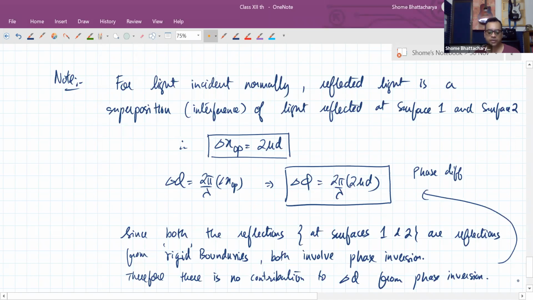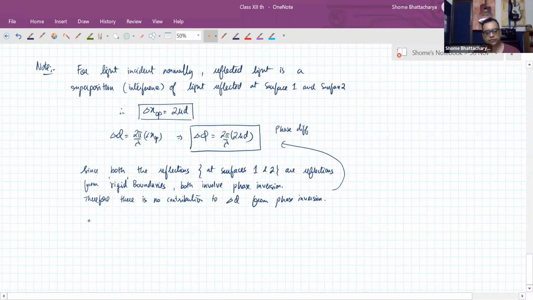Okay. So for example, let us look at question 35, okay, which is one of the questions you have asked also as a doubt. 35 and 37. Let us discuss these two questions. So before that, if 2 times mu d is n lambda, we will have constructive interference.